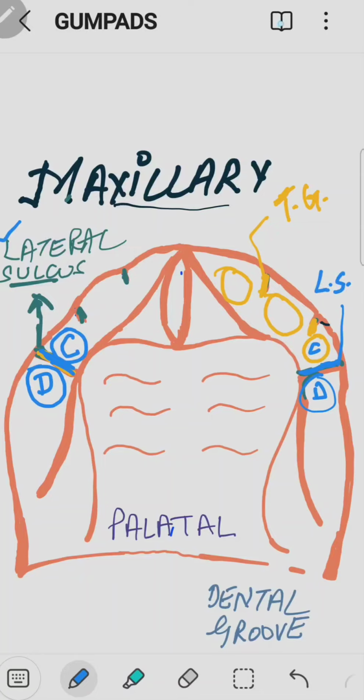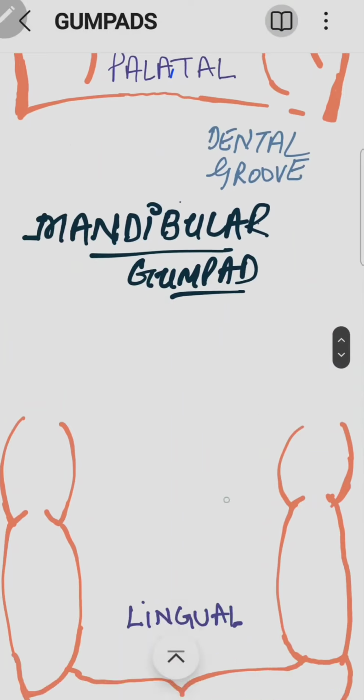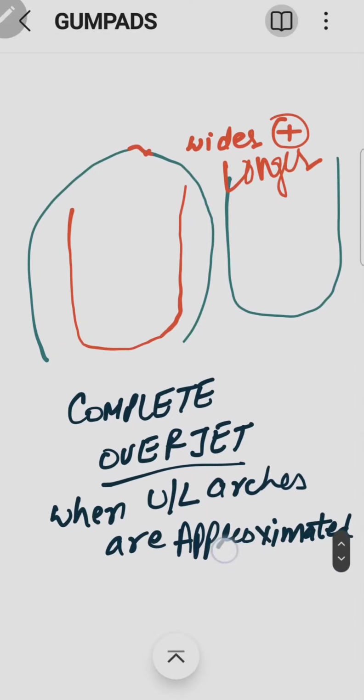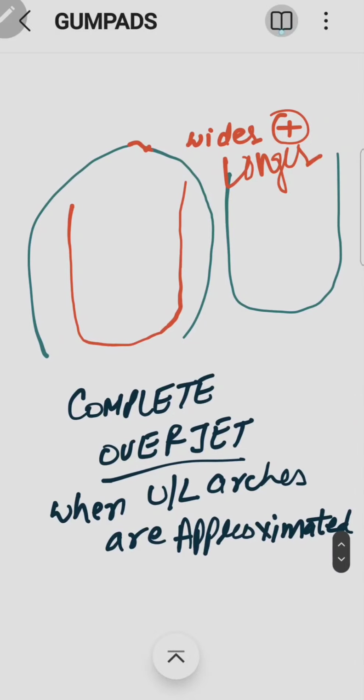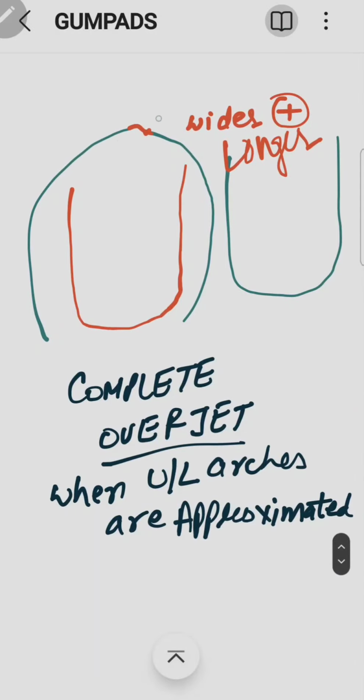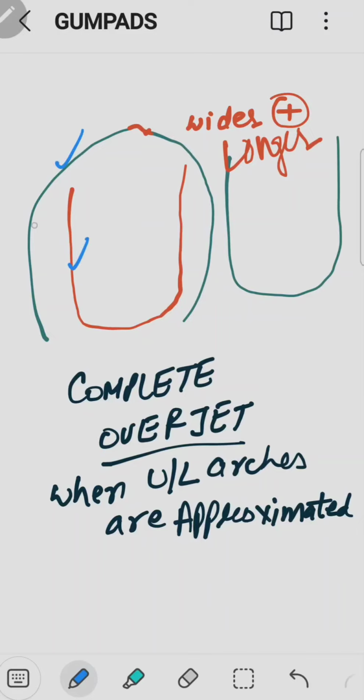Now the question may arise: what is the importance of this lateral sulcus? If we look at this diagram, this is the maxillary arch and this is the mandibular arch. The maxillary arch is wider and longer as compared to the lower arch. This is the upper arch, the green one, and this is the lower arch.